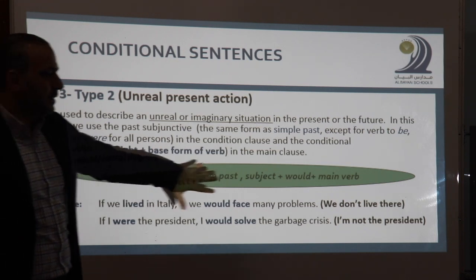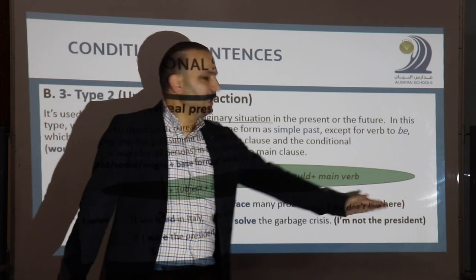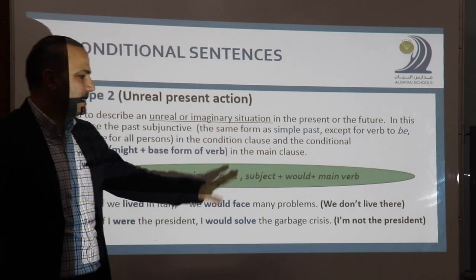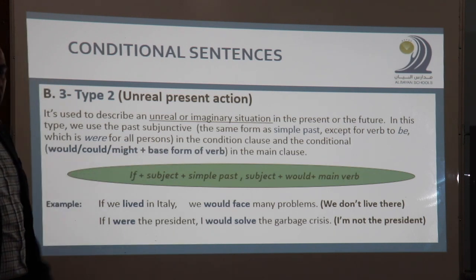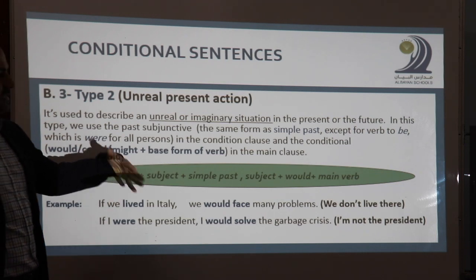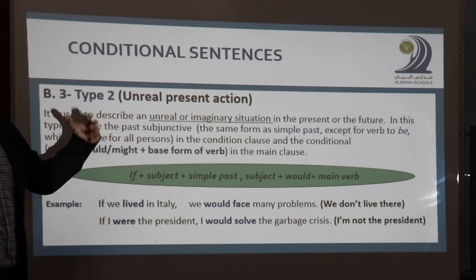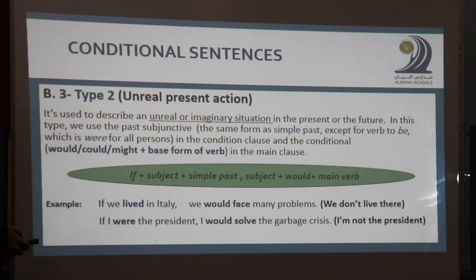You will see that if I lived. So we will see how we can really use it in the conditional sentence as a statement, how it really becomes an unreal present situation, and take it to type 2 later on. Just wait.